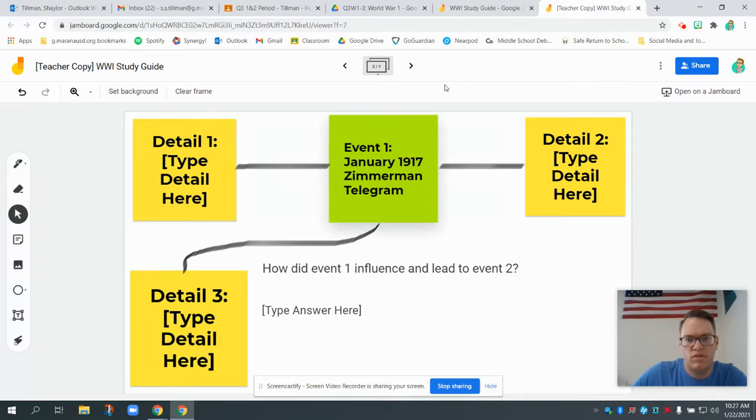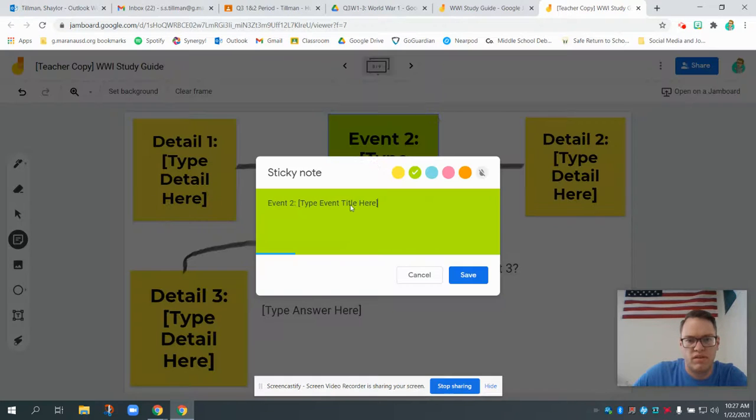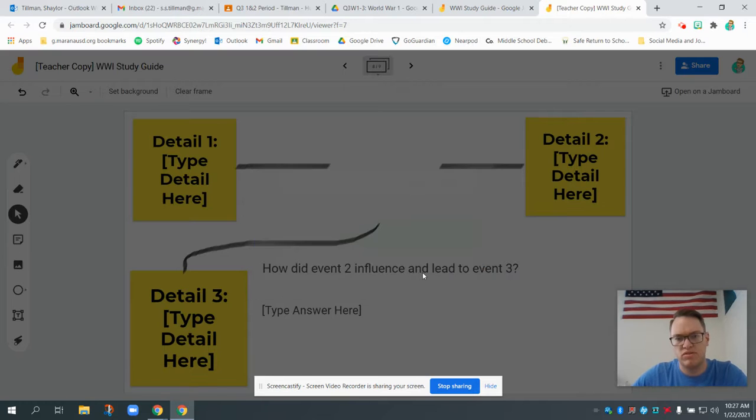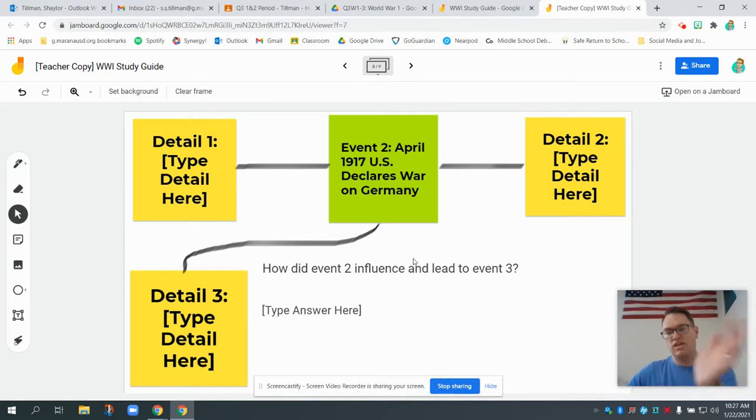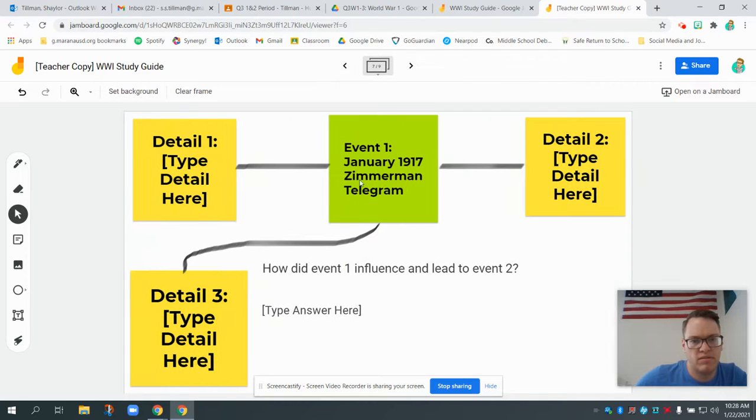And for the second event, this says April 1917, U.S. declares war on Germany. All right, so we've got two of our three events, and you might choose any of the other events that comes after 1917, obviously. Well, let's go back.